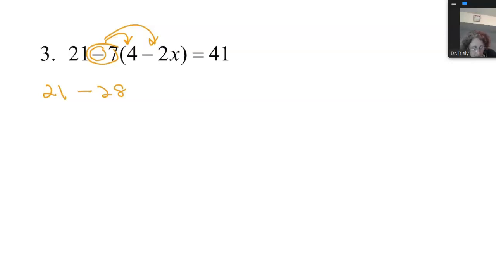A minus 7 times a minus 2x is a plus 14x. That's going to equal 41. On the left side, combine like terms. 21 and a minus 28 is a minus 7 plus 14x equals 41.